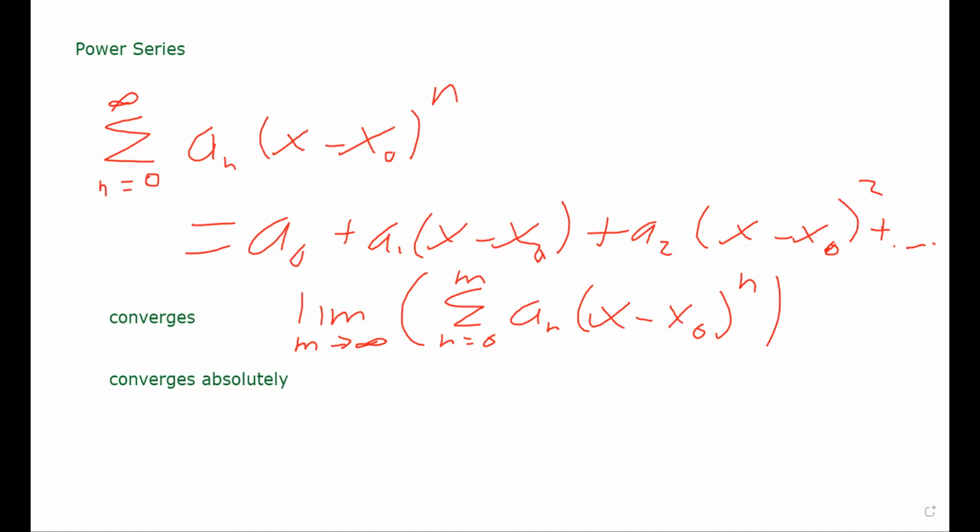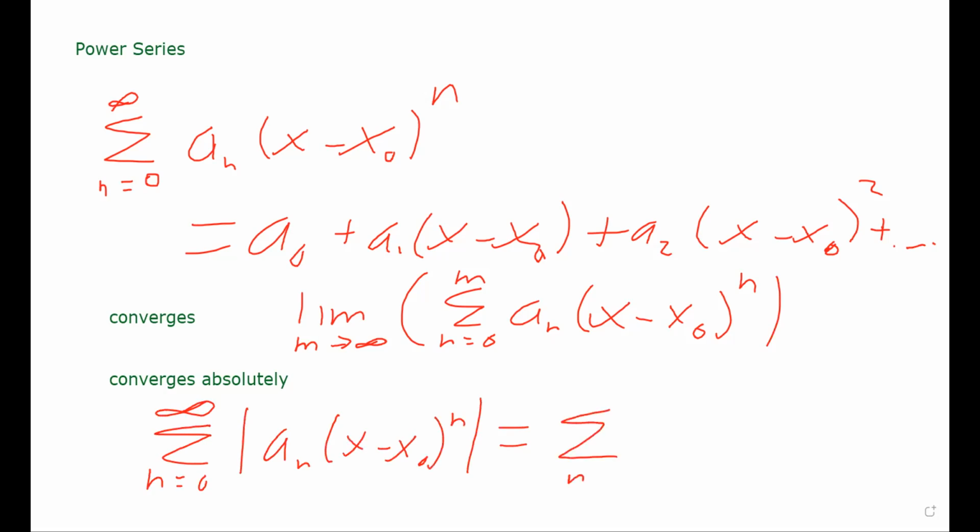Now, whenever we talk about that converging absolutely, we want the absolute value to converge. And we could split this up a bit: an absolute value of that part, and then an absolute value of the other part.